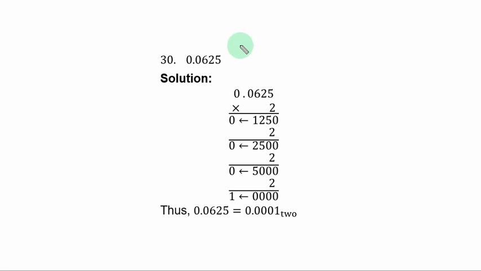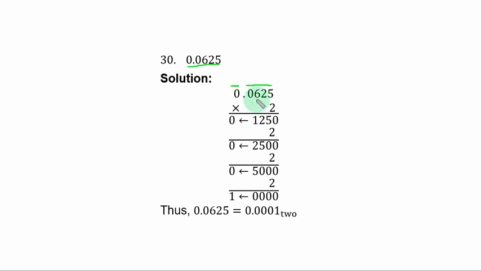Example 30, convert 0.0625 base 10 to base 2. We are using the first method of continuous multiplication until the last result is 0. Note that you only multiply the digits after the point, while you record your remainder under the first digit, that is 0.